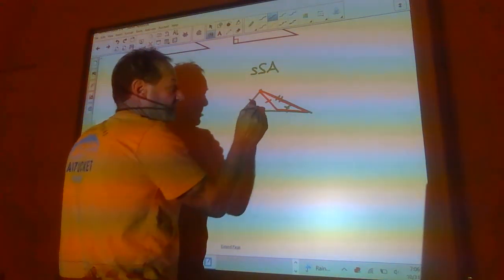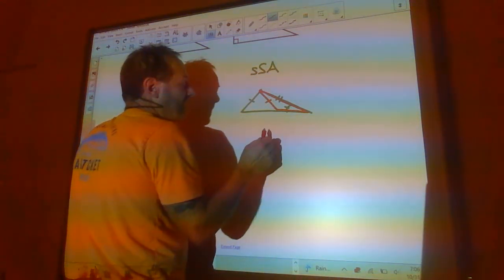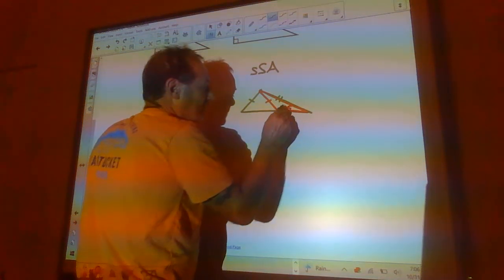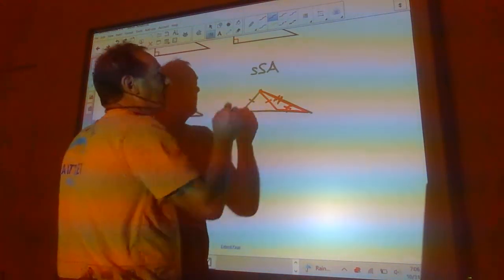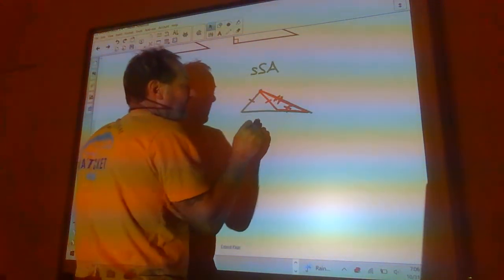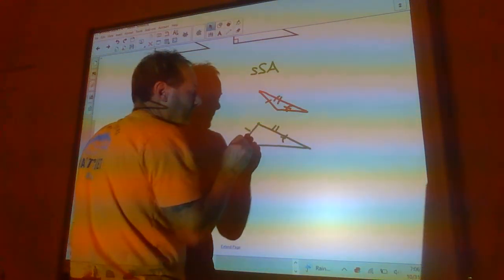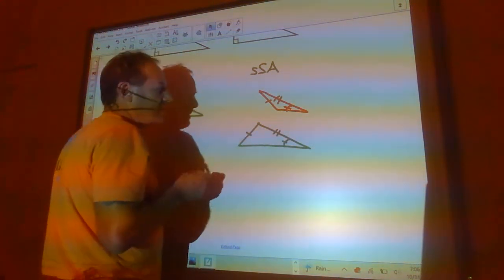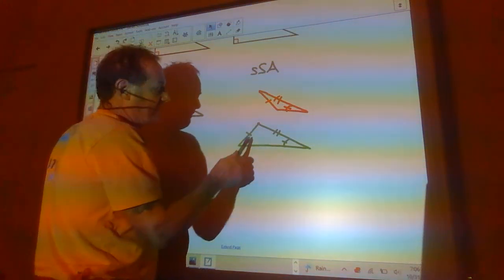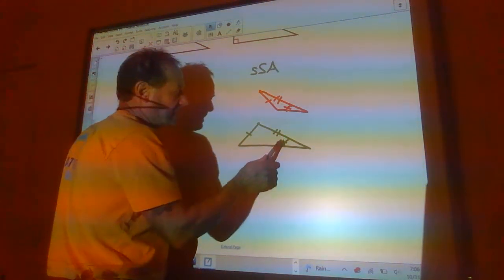This side here is equal to this. Now I've got two different triangles, and I have little side, then big side, then angle.